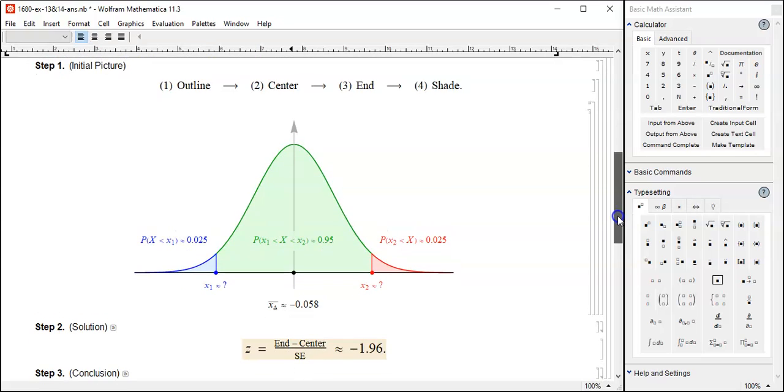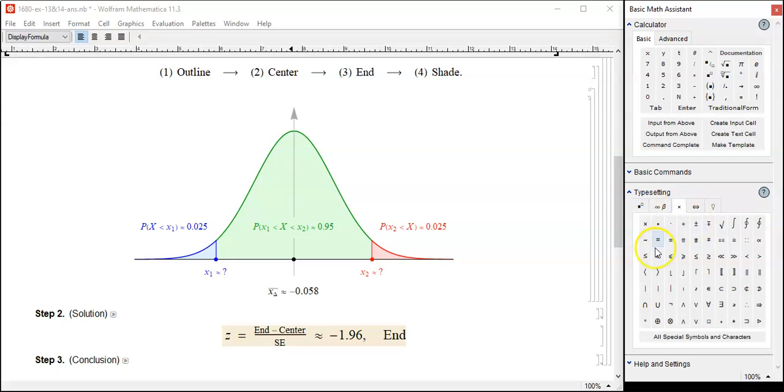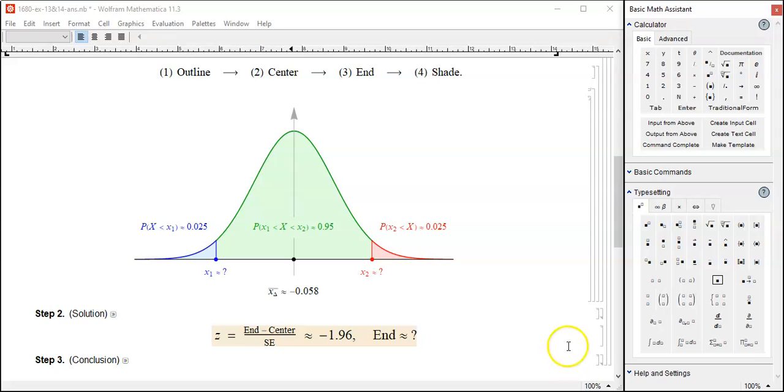All right. What's the center here? We have it in this picture. What's the standard error? Oh, that was part A of this problem. Go back and check. And you have to solve this equation to get end. Basically, that's the problem.